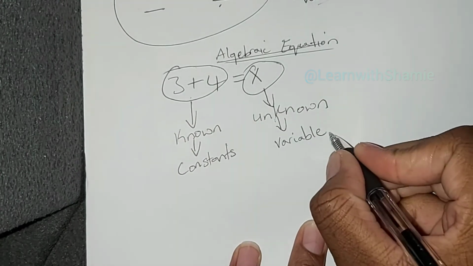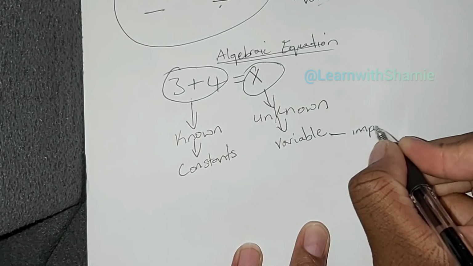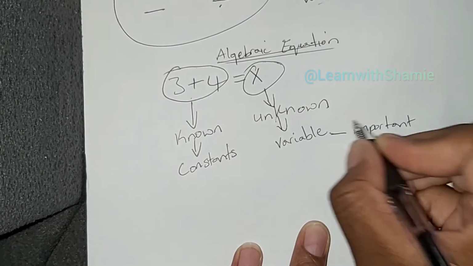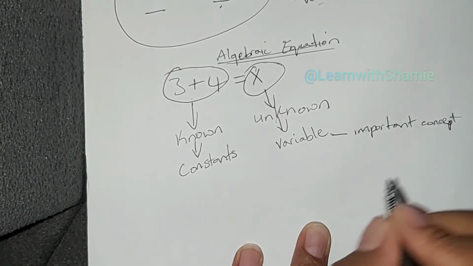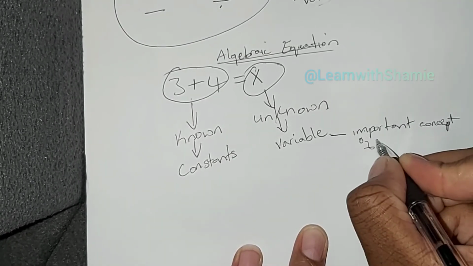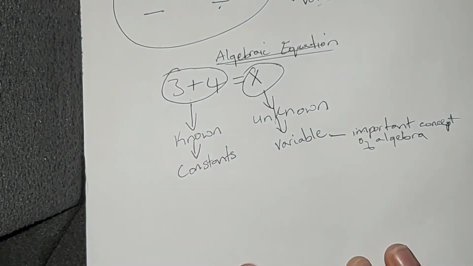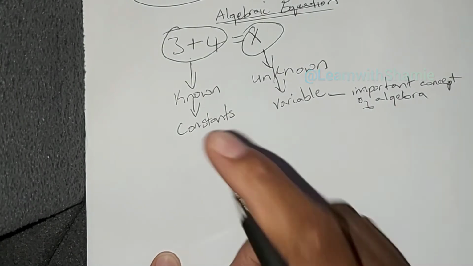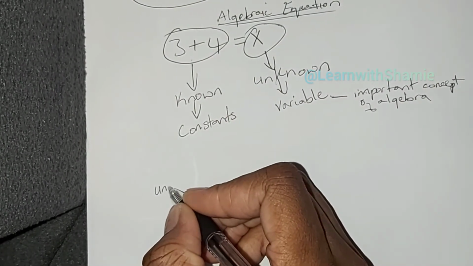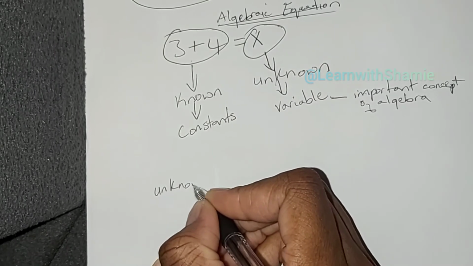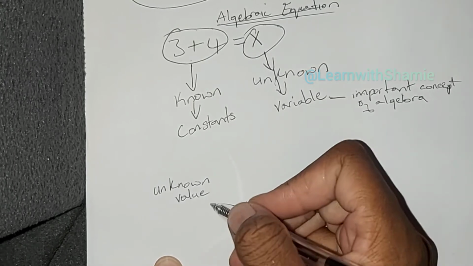Note briefly, variable is a very important concept of algebra. Now, the main goal in algebra is to figure out what the unknown value is in an equation.